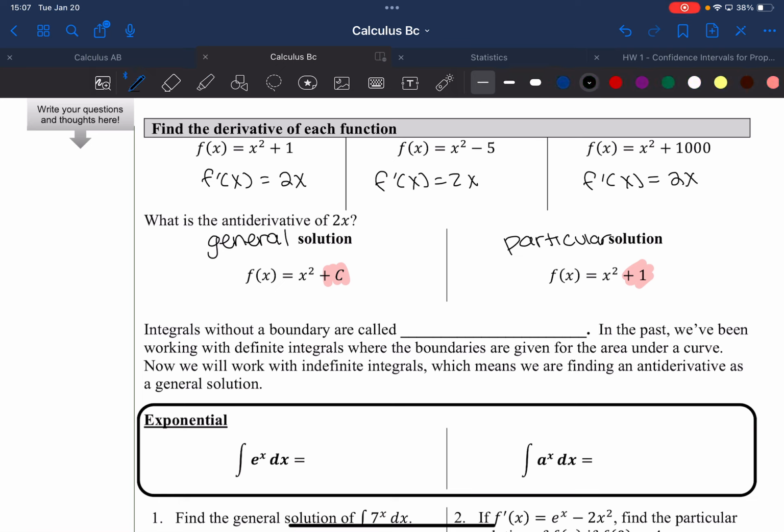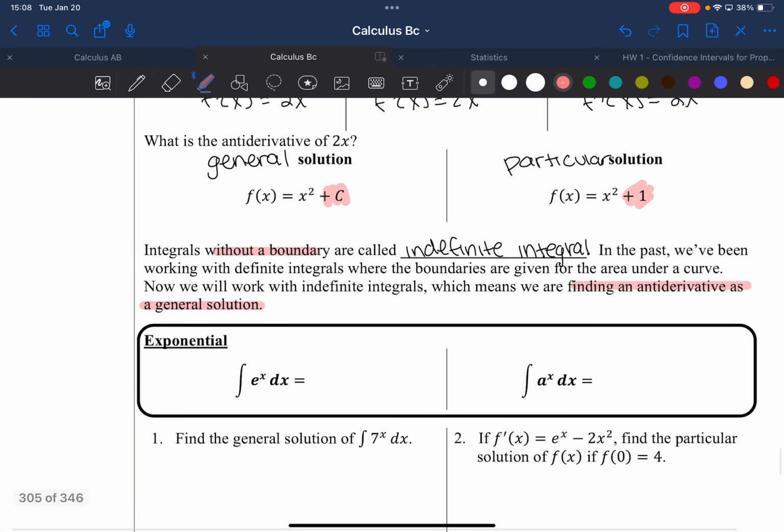When we are without a boundary, this is an indefinite integral. So when we're working with indefinite integrals, what we're doing is finding an antiderivative and calling that the general solution.